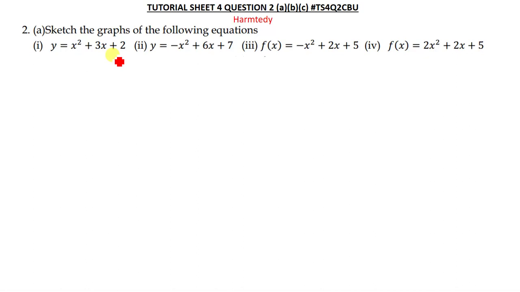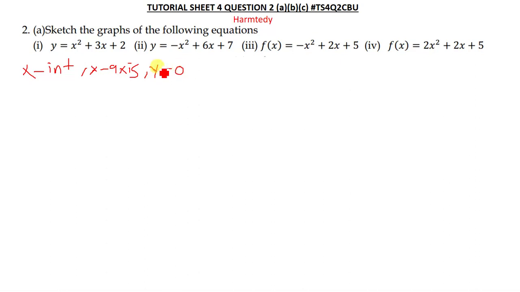The first thing you need to do when sketching is to find the x-intercept. We know that on the x-axis the value of y is equal to 0.